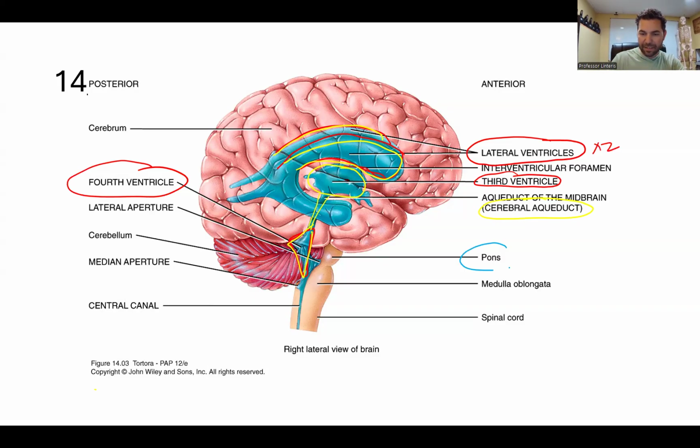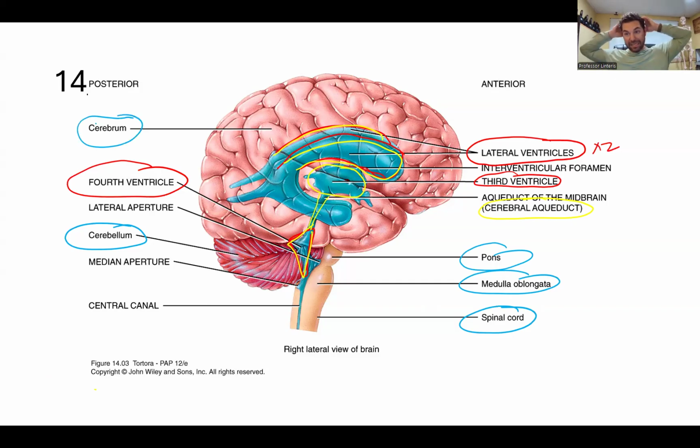We have already discussed the pons, the medulla, and the spinal cord. We have already discussed the cerebellum. And the cerebrum is obviously the entire big part of the upper brain, of the forebrain. So all we did was add in some spaces, fluid-filled spaces called ventricles, and obviously the cerebral aqueduct.